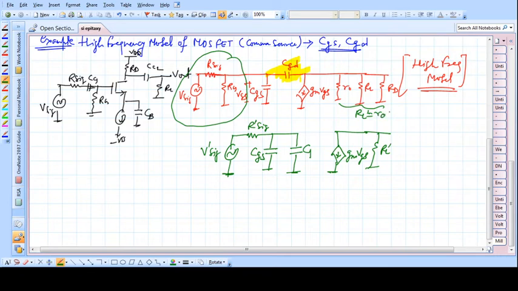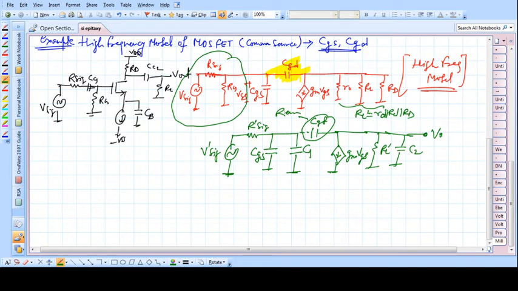RL dash is equal to RO, RL and RD in parallel, and one more capacitor will come, say C2. And this one is the V output. So basically, initially there is a CGD, now we have removed this CGD.